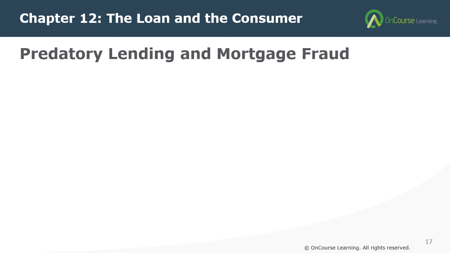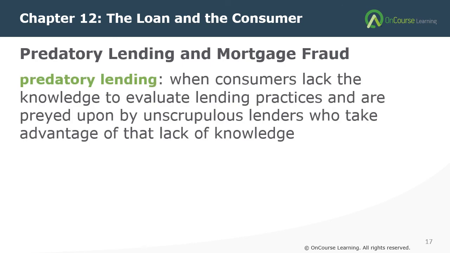Unfortunately, we also know that there is predatory lending in our economy. That's when consumers lack the knowledge to evaluate lending practices and are preyed upon by unscrupulous lenders who take advantage of that lack of knowledge.